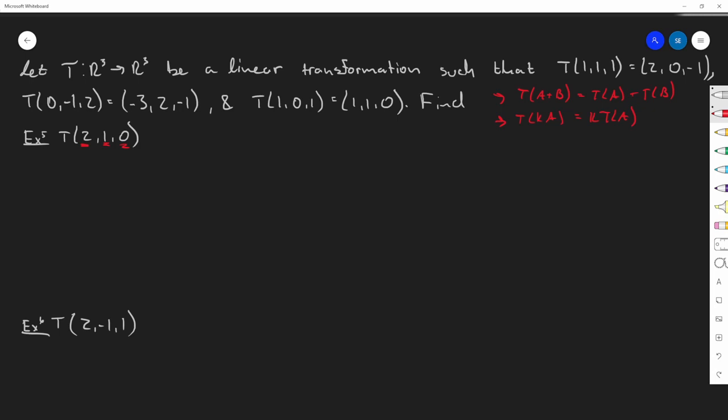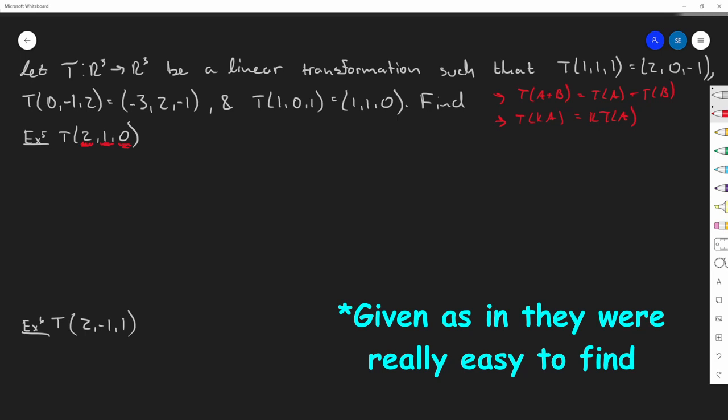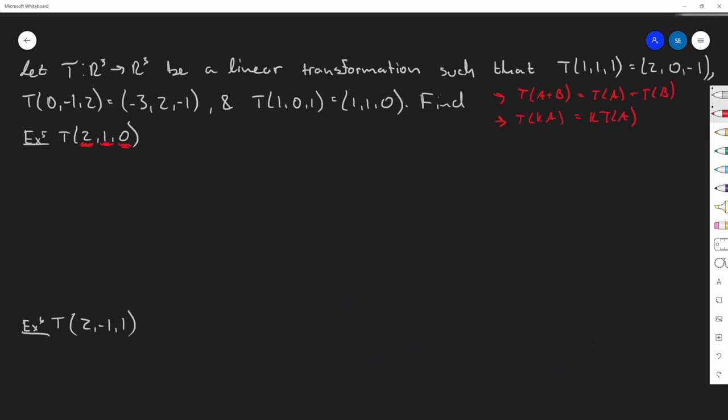The only difference is our k's will not be known. We have to find them first. In our previous example, they were already given. In this one, it's not going to be 2, 1, and 0. We have to find them because the inputs we were given are not going to cooperate.